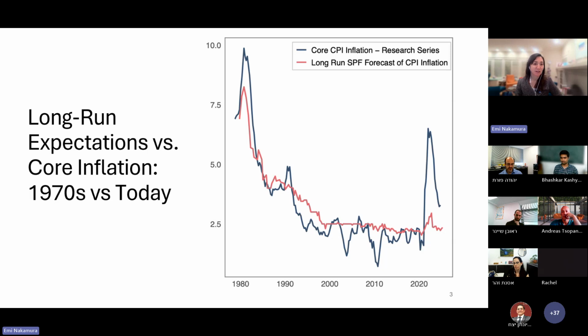And this is very different to what happened in the 1970s and 1980s, when not only did inflation itself rise, but long-term inflation expectations also rose dramatically. So what I want to emphasize about this picture is this dramatic difference between the beginning of the sample period, when longer-term inflation expectations moved almost 1-for-1 with inflation itself, to the end of the sample period when, during COVID, inflation shot up to 7 or 8%, but these long-term inflation expectations barely budged. So this is a dramatic change.